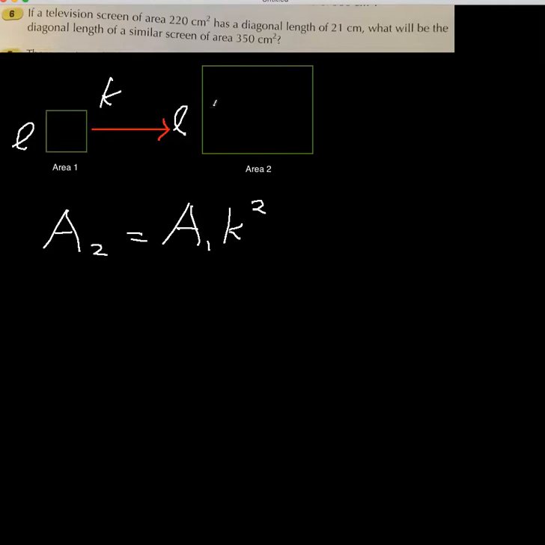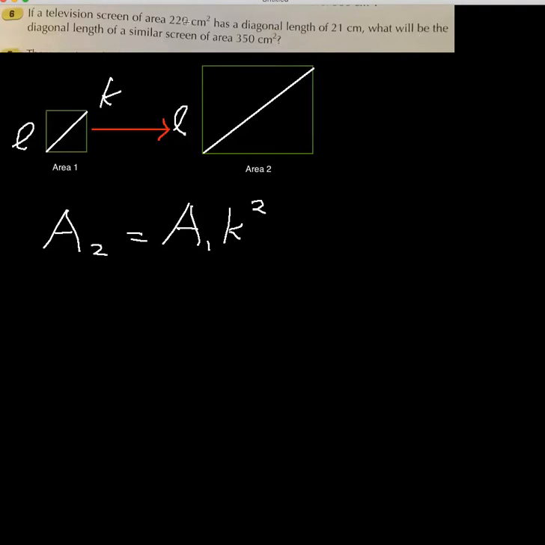So let's look at the question here. It says, if a television screen has an area of 220 centimeters squared, has a diagonal of 21. If you're wondering what a diagonal is, that is a line across here, across here. So it has a diagonal of 21 centimeters. What will be the diagonal of a similar screen of area 350?